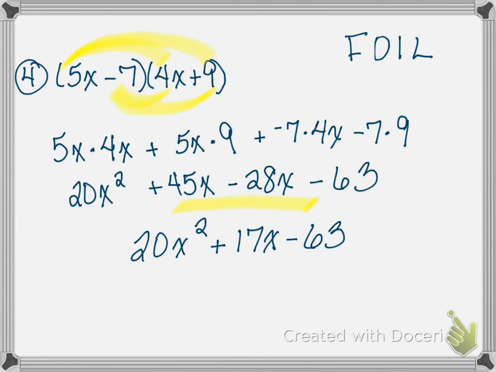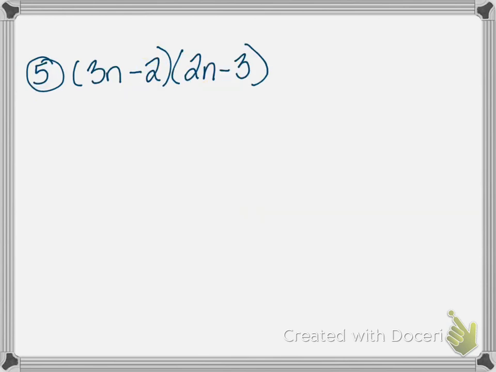Okay, so number 5 is also asking us to FOIL. And we have two binomials here, so we are going to FOIL this. So we have our first terms. 3n times 2n is 6n, or I'm sorry, 3n times 2n is 6n squared. Our outer is 3n times negative 3. That gives me negative 9n.